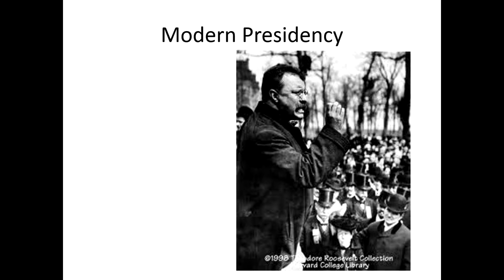Teddy Roosevelt was viewed as a very modern president. He was very, very bold in his politics.